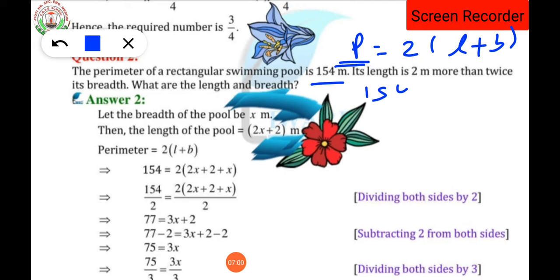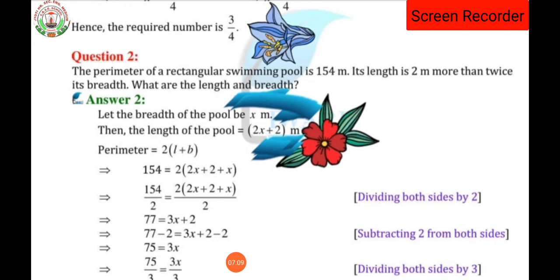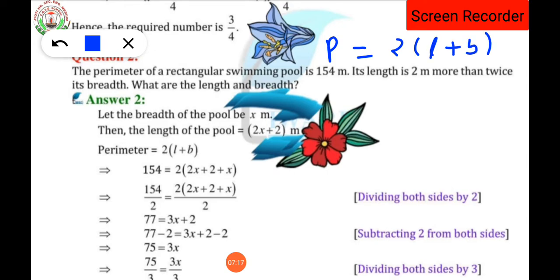It is given as 154 meters, equals 2, and the L value we had considered as 2x plus 2. Understood? Perimeter of a rectangle is equal to 2 into (L plus B), where the perimeter value is given as 154 meters. This 2 comes from the formula itself.